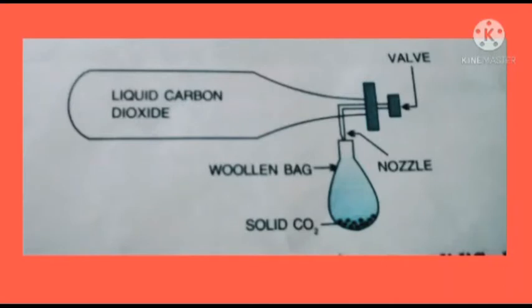Carbon dioxide can be liquefied under pressure, and when the liquid carbon dioxide is cooled at negative 78 degrees Celsius under the normal pressure, it changes into dry ice. Dry ice directly changes into the gaseous carbon dioxide from its solid state, and that's why the dry ice is called a sublimable substance.